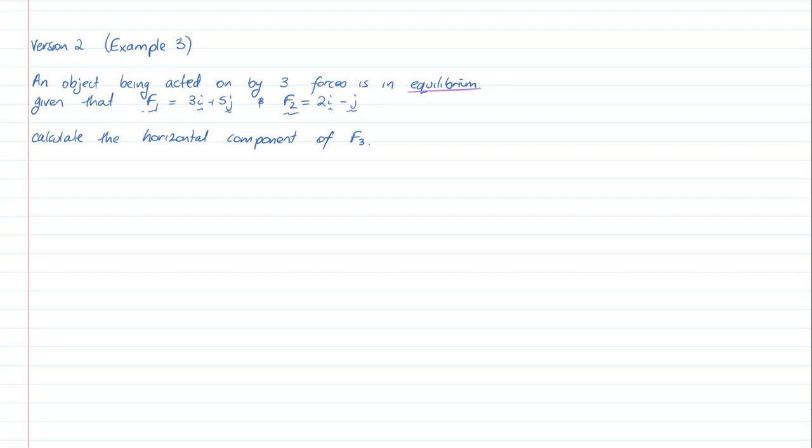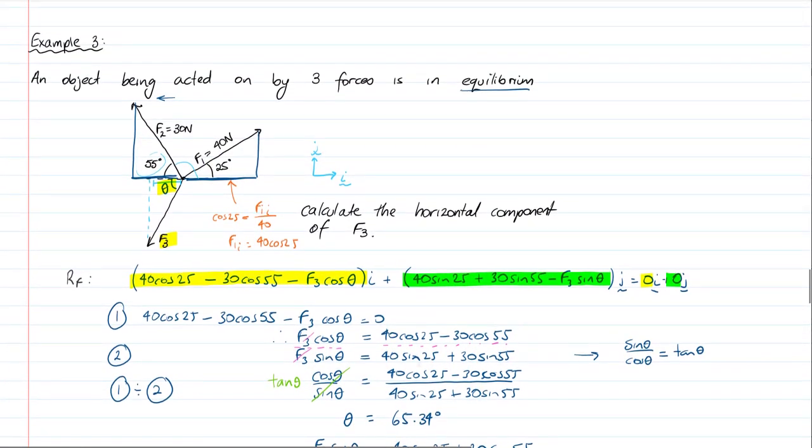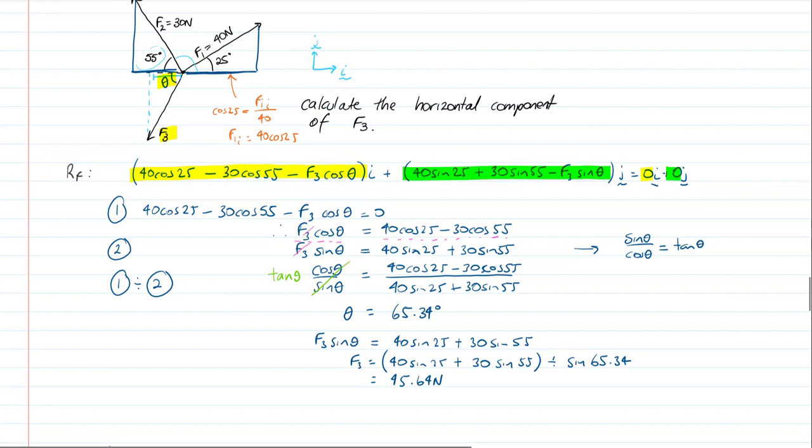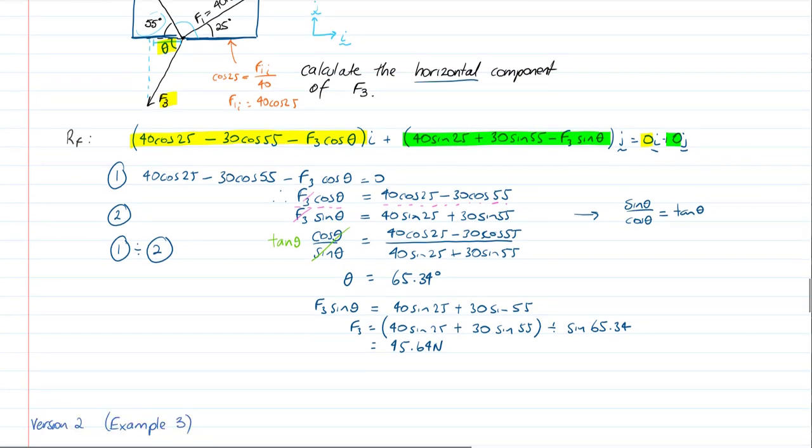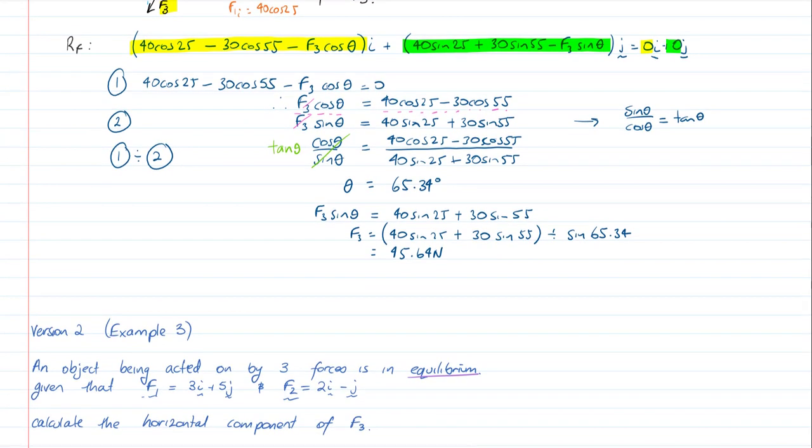So this is interesting. Oh, actually, we didn't finish the previous question. We're going to calculate the horizontal component. So the horizontal component, which is F3 I, will be equal to 45.64 times sine 65.34.